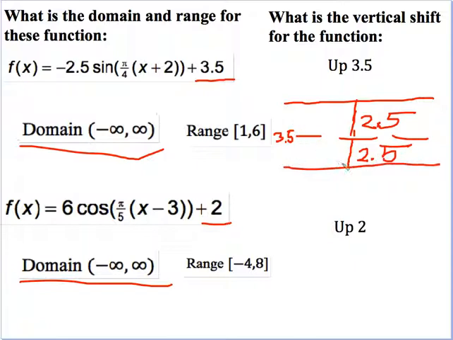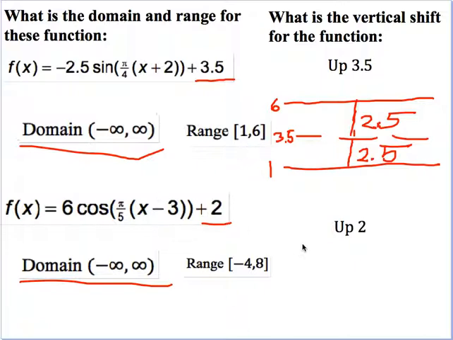So your range will be from 1 to 6. 3.5 plus 2.5 is 6. 3.5 minus 2.5 is 1. So in this case, your range would be from 1 to 6.